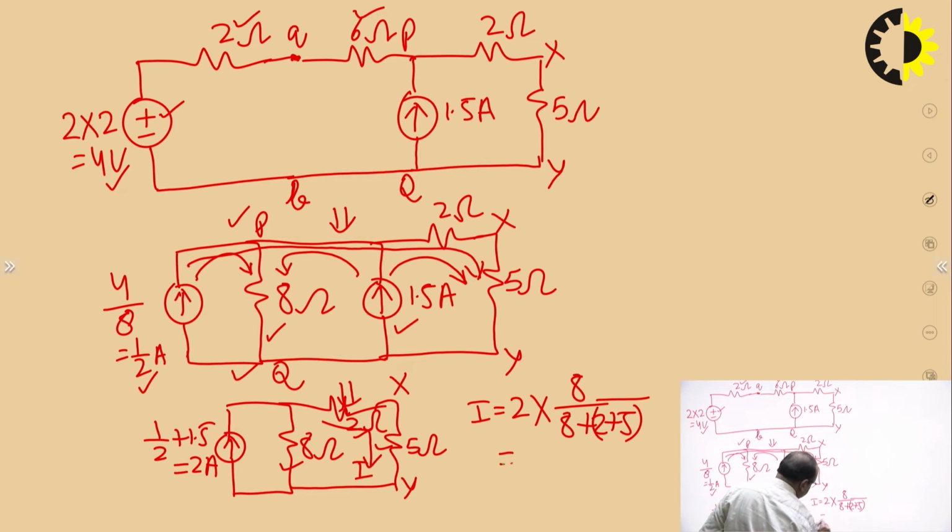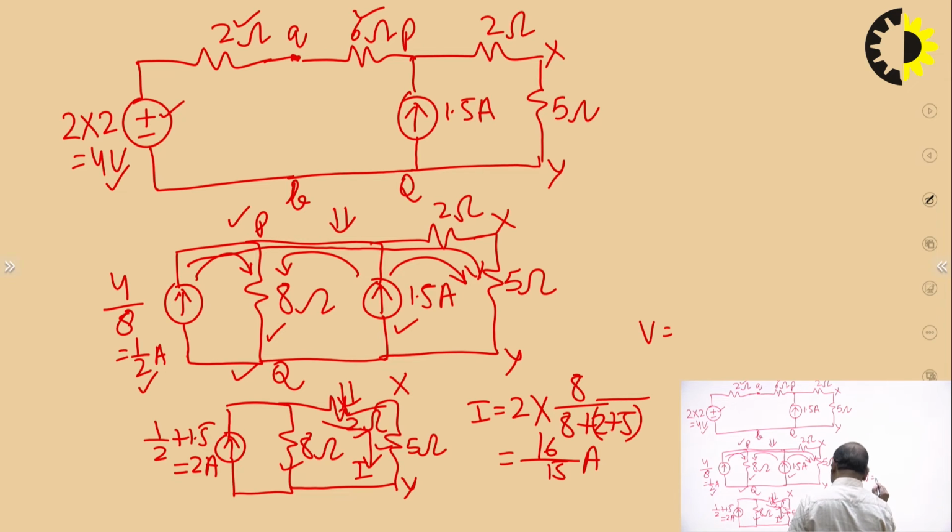So, this becomes 16 upon 15 ampere. And when we are able to find this current through 5 ohm, we can also find the voltage across 5 ohm. Suppose the voltage is V across 5 ohm.